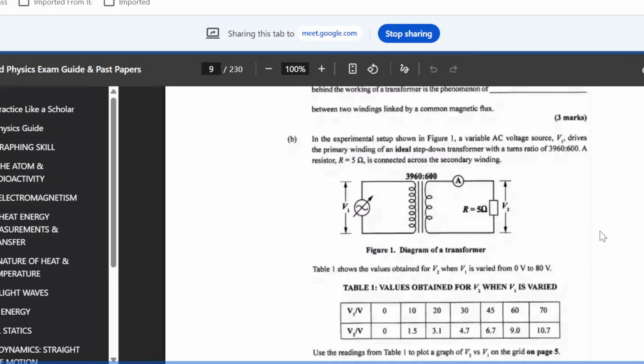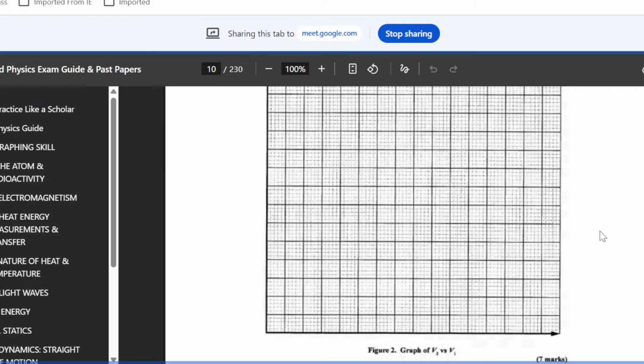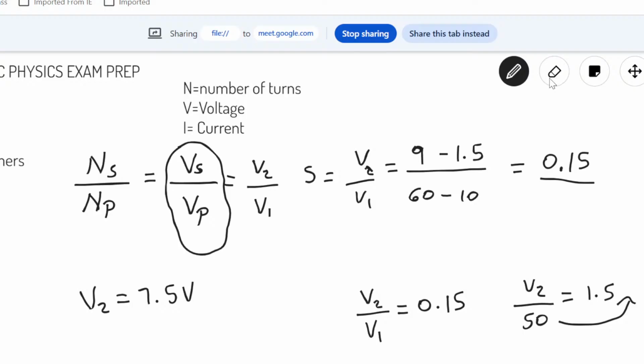So transposing for I2, it's just going to be V2 divided by R2, and then you substitute those values, which is 10 amperes. I see. All right.